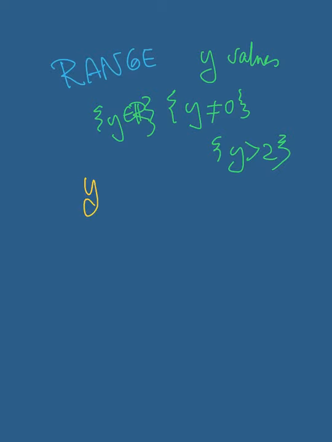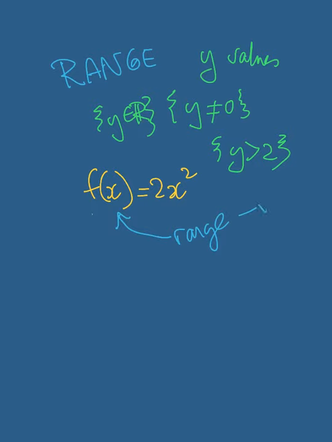Like, what if I have this equation where y is equal to, or actually we should really stick to the function notation. Sorry. What if you have this equation where f of x is equal to 2x squared? Now, what can you tell me about that? Well, I can tell you that the range cannot be a negative number.